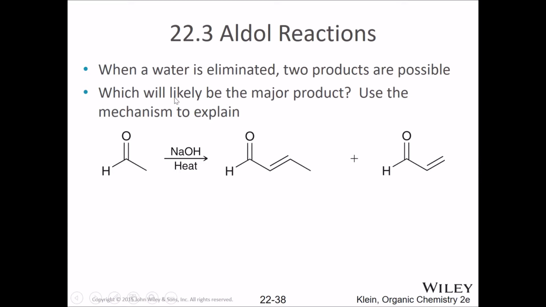Which is likely to be the major product? And use the mechanism to explain. I gave you a hint in a previous slide. Which is going to be major? And why?